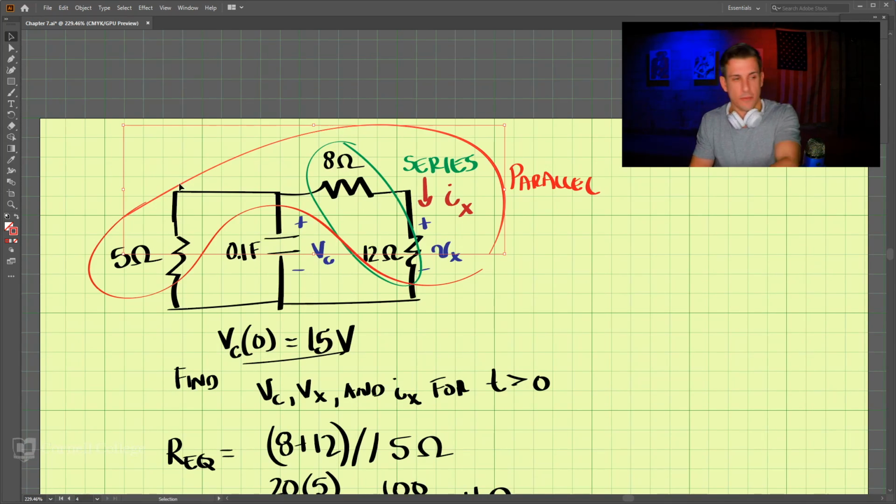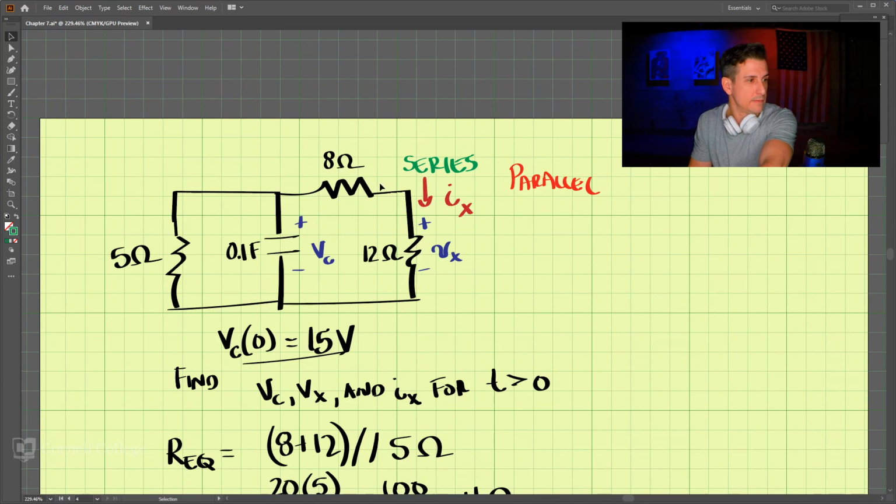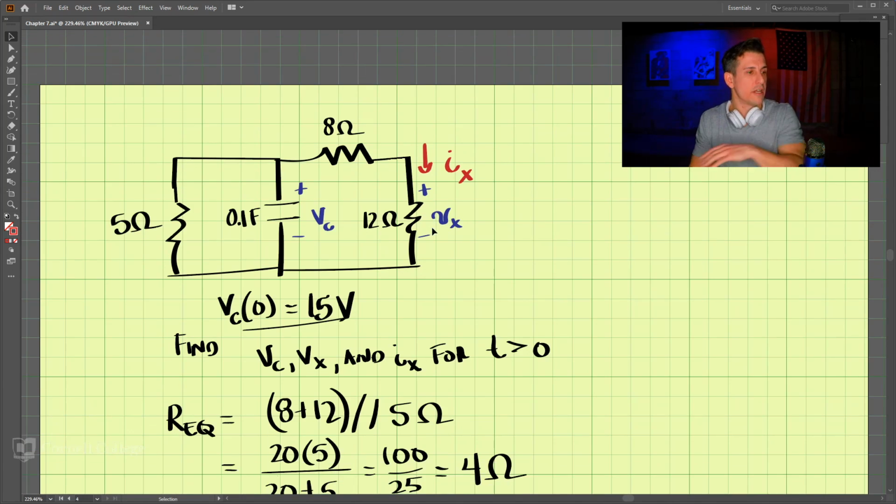Now, let's erase some of this stuff and go back and look at our original circuit. We know this Vc now, and we're looking for Vx.